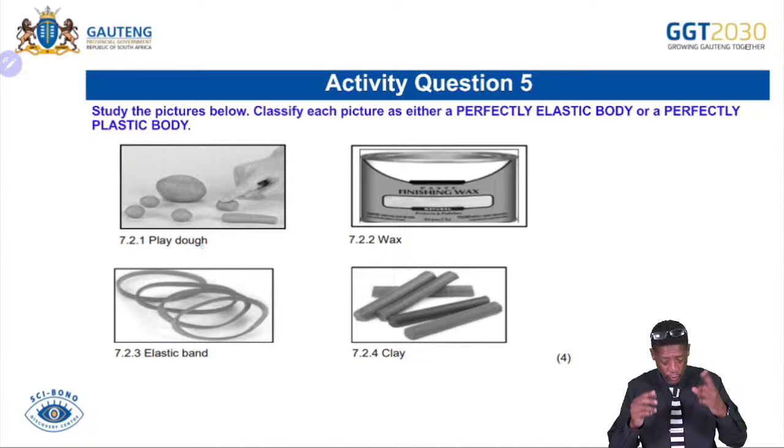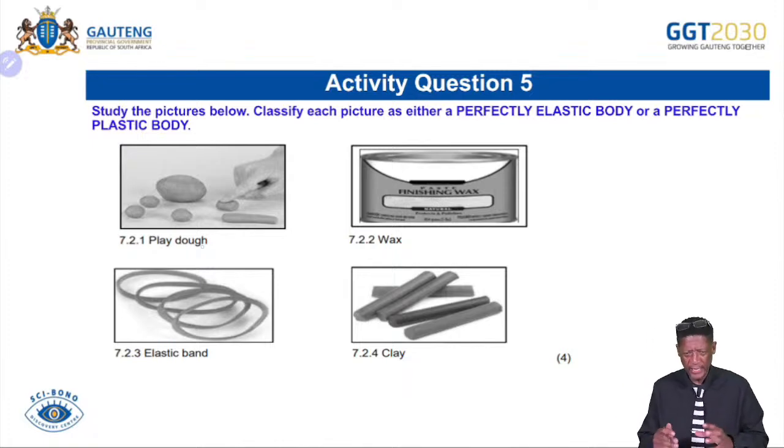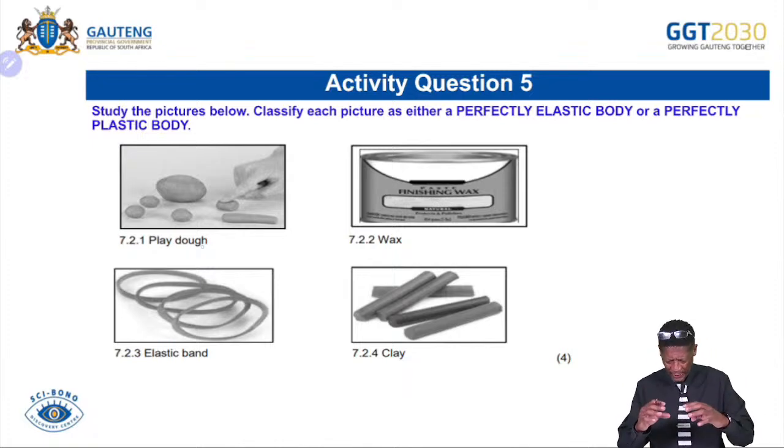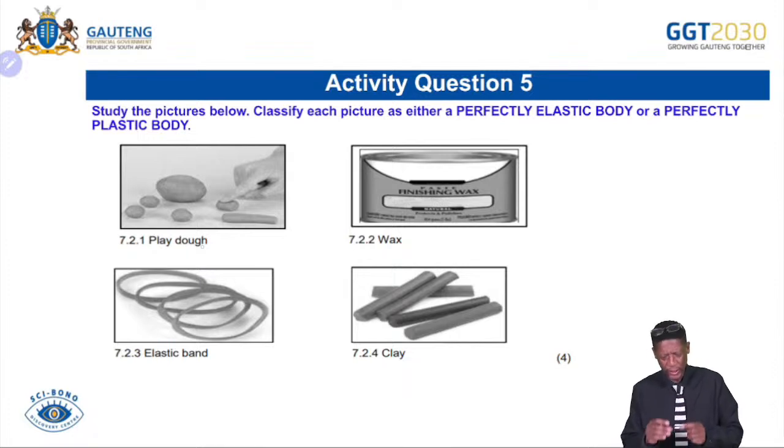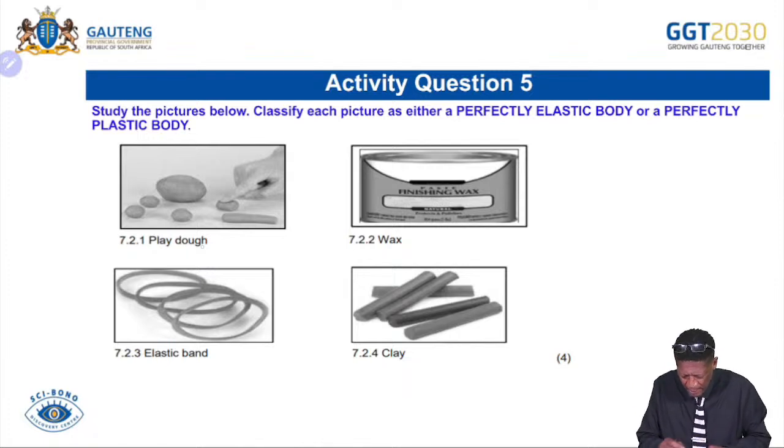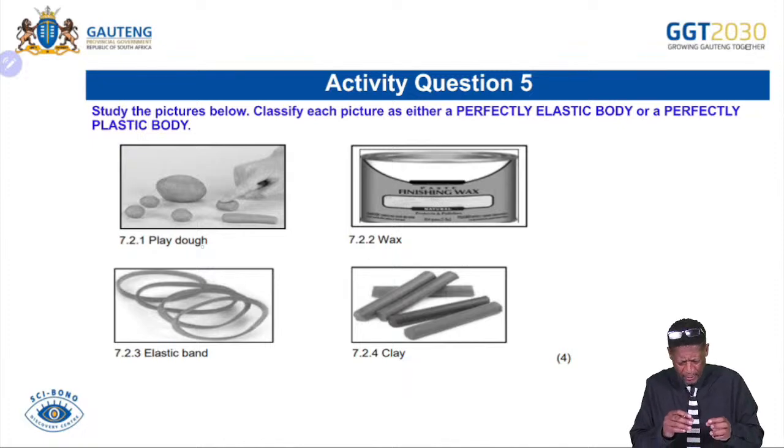Now I'm giving you a tip. Anything that does not go back to its original is what? Perfect plastic. If it goes back to its original, it's perfect elastic. So we need to choose which are perfect elastic and which are perfect plastic.